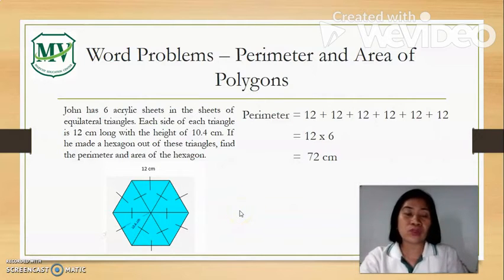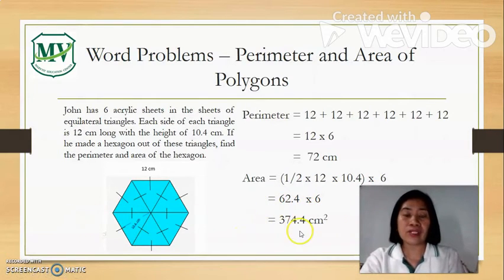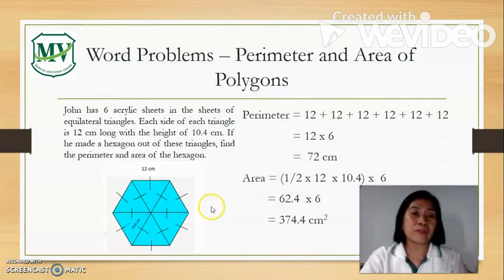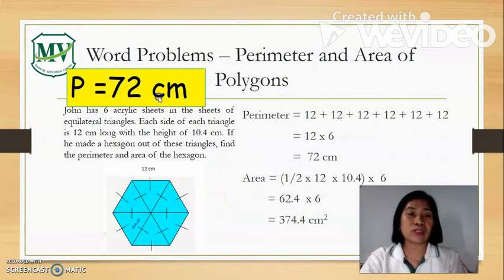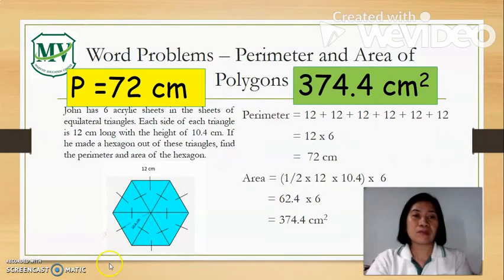So that would be (1/2 times 12 times 10.4) times 6. So that would be 62.4 times 6. So the area is 374.4 square centimeters. So the perimeter of the hexagon is 72 centimeters and the area of the hexagon is 374.4 square centimeters.